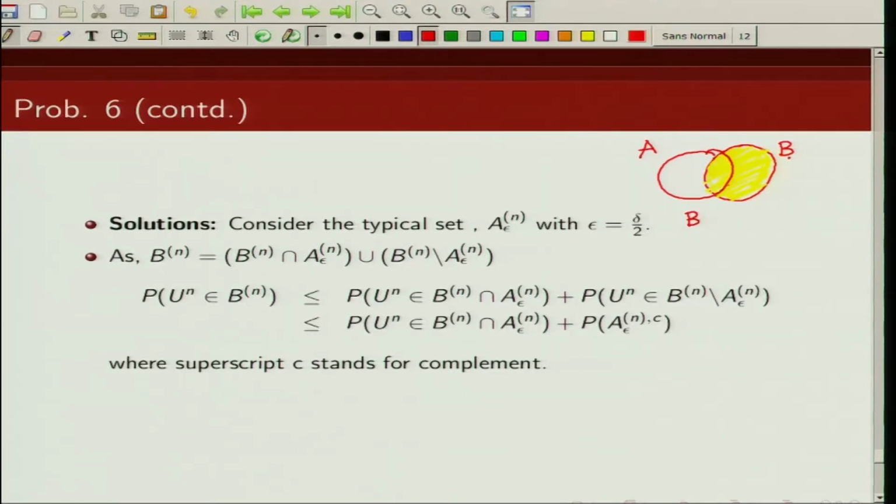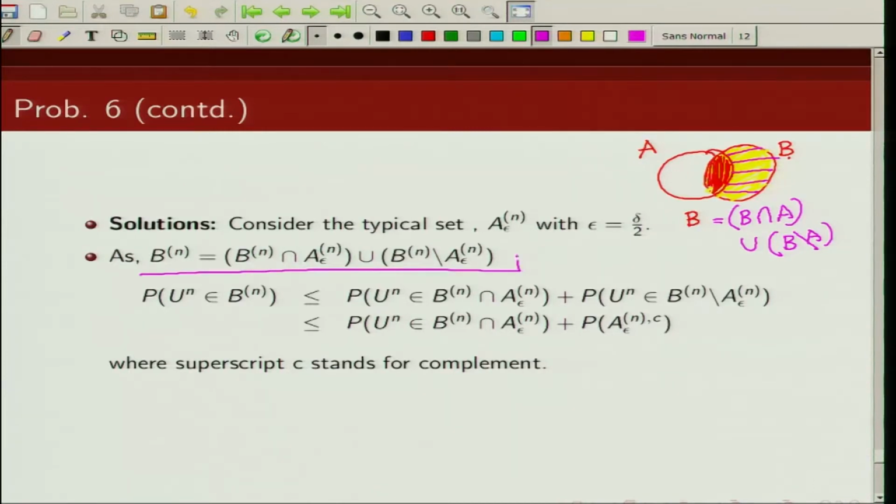B is this portion plus this portion, right? So I can write B as B intersection A, union B minus this set A. So I am writing this B^n as B^n intersection this typical set, union B^n minus this typical set.